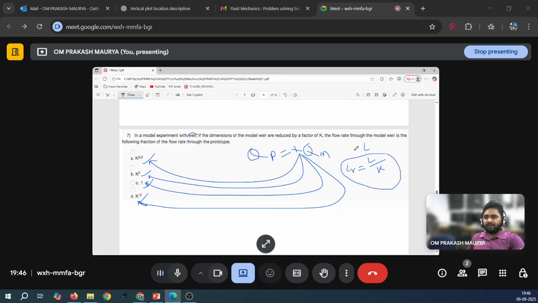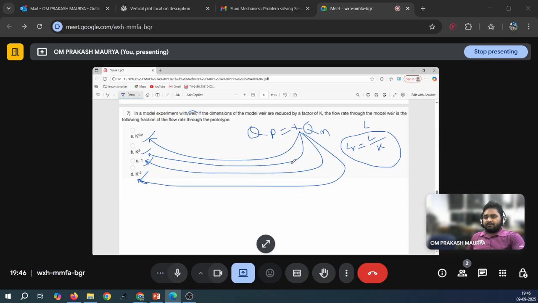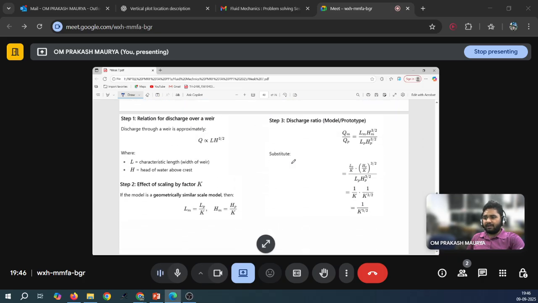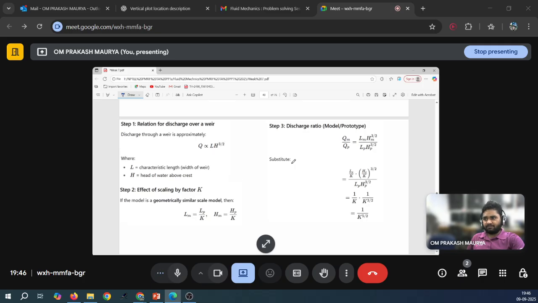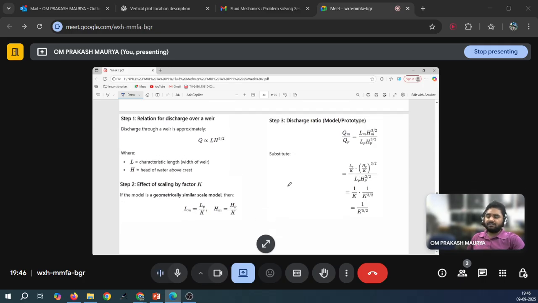So we have reduced by the factor k. So what should be happening? For this I have the analysis. The question is asking about discharge. The question is discussing the flow rate, that is discharge.